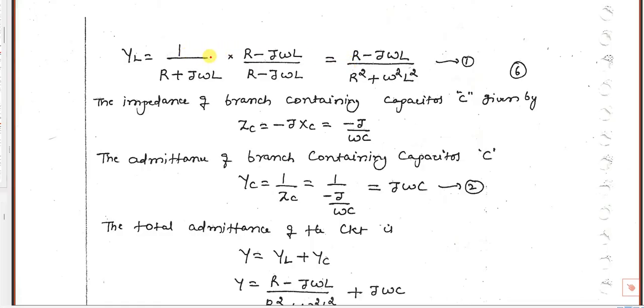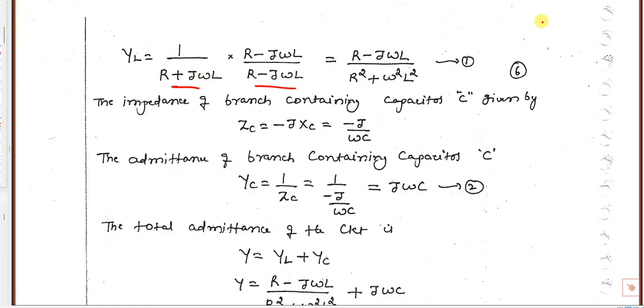In the numerator you get R minus j omega L, multiplying 1 into R minus j omega L. And in the denominator, this is a plus b into a minus b, which is a square minus b square: R square minus j omega L whole square, that is j square omega square L square.